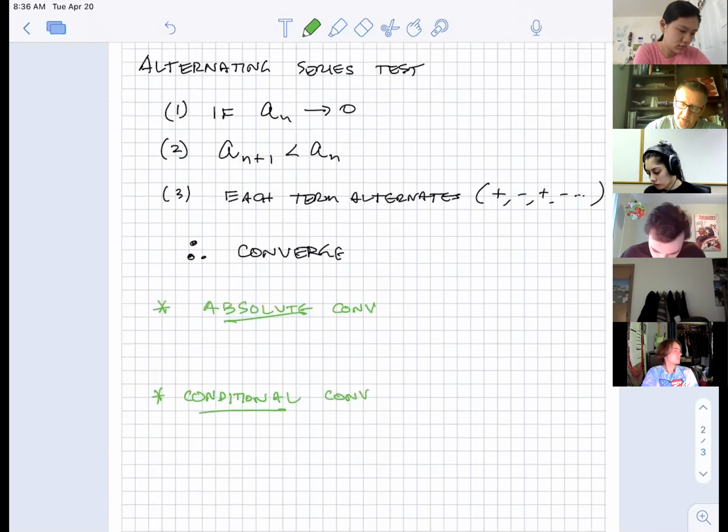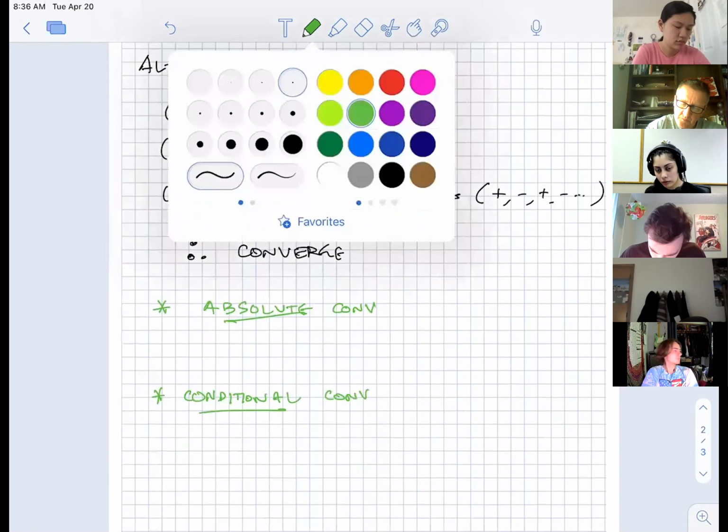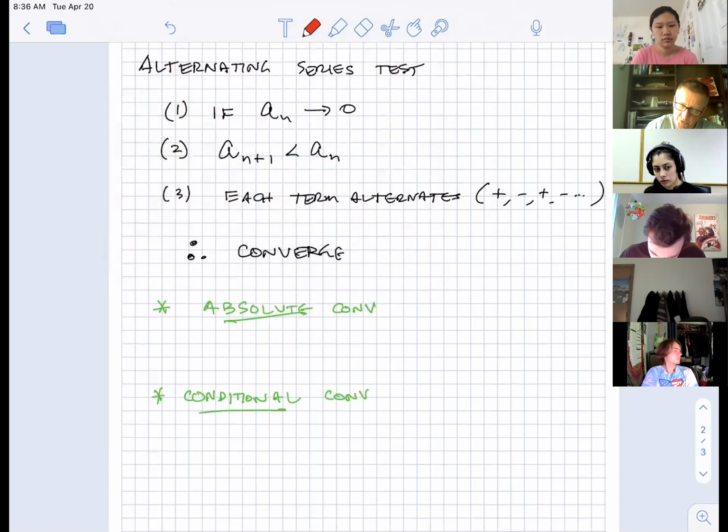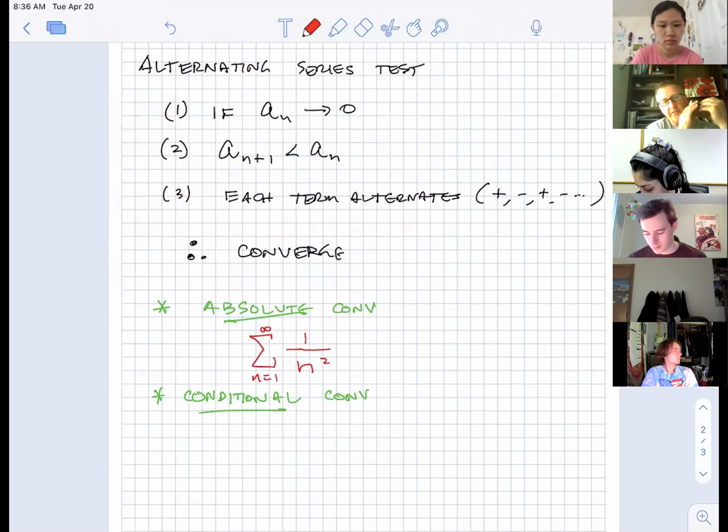What's absolute convergence? If I asked you to, let's keep this really simple. If I asked you about this series right here, remember, it doesn't really matter where you start, but I'll just start at 1. Because of the p-series test, we say that converges all by itself, right? Like it doesn't need to alternate to converge. It already converged on its own, right?